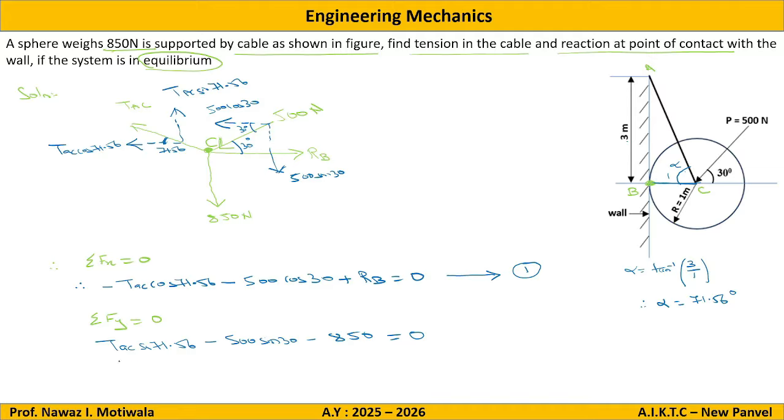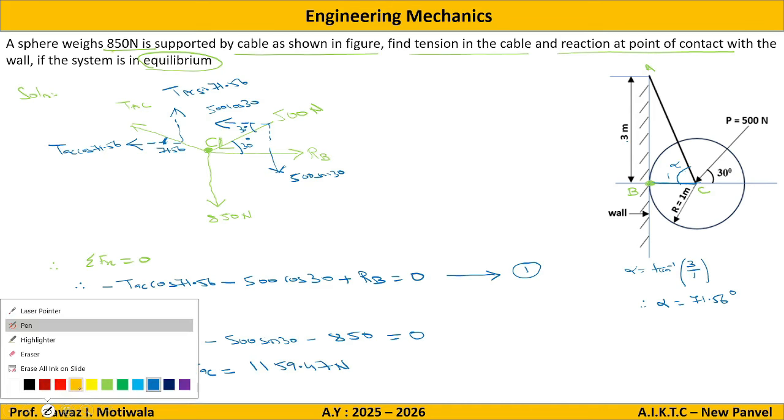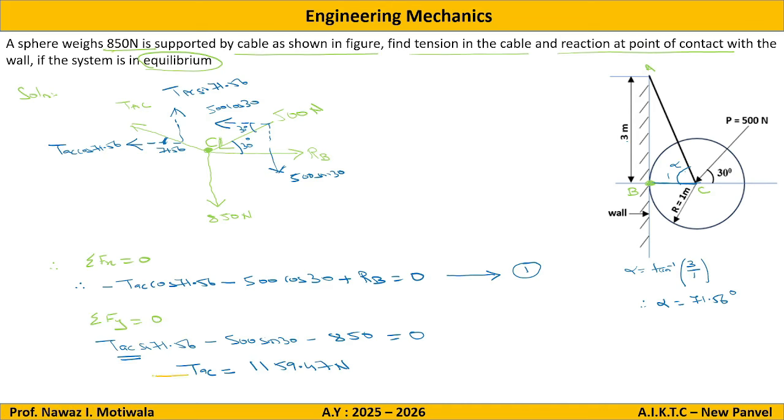If you observe, there is only one unknown in this equation, that is TAC. So I will get the answer for TAC from here, which comes out to be 1159.47 newtons.